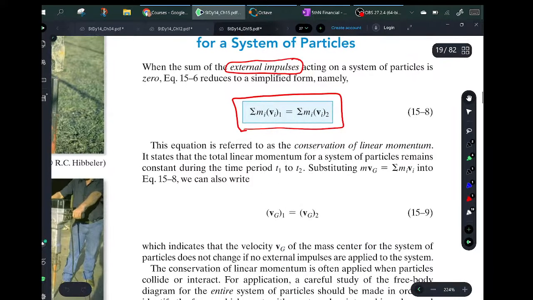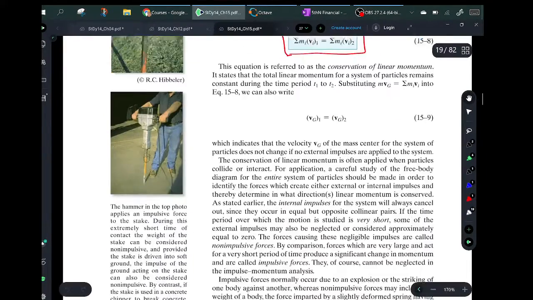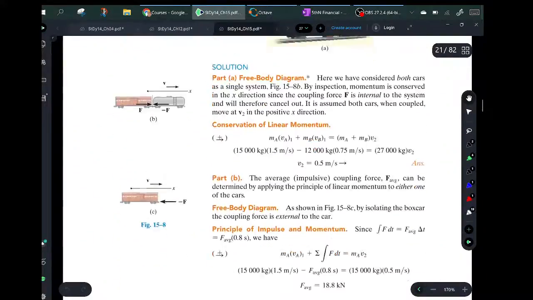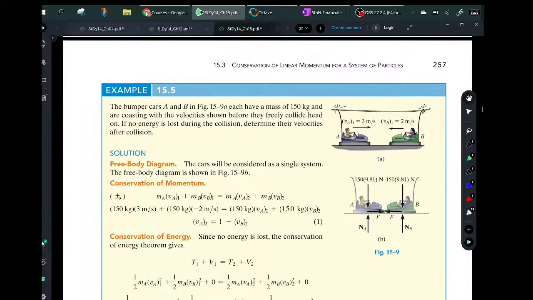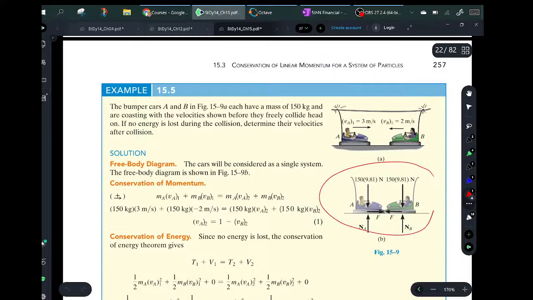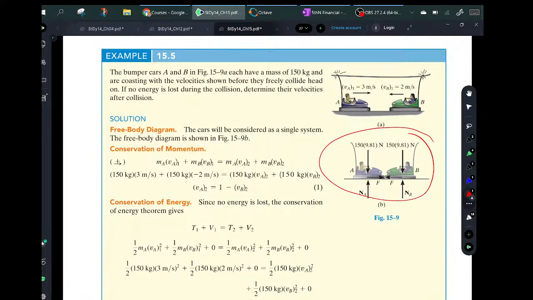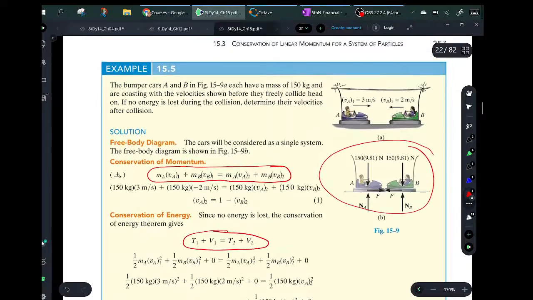We were looking at conservation of linear momentum for a system of particles. We went down through this and we realized we can basically have impact of 2 or more. And of course, this is a typical case in which you have the impact equation followed by conservation of energy to answer the actual problem.